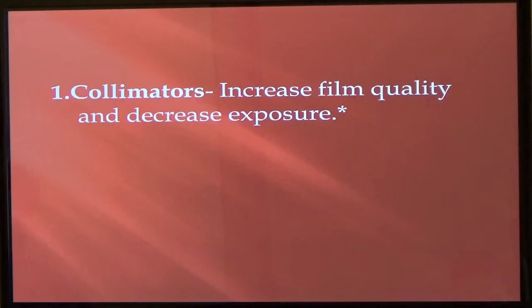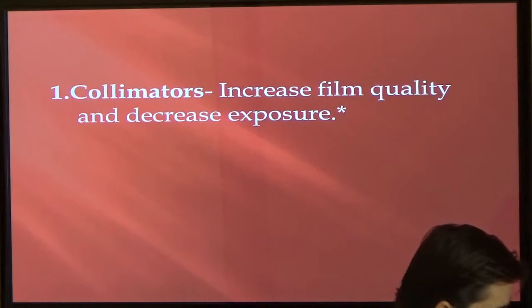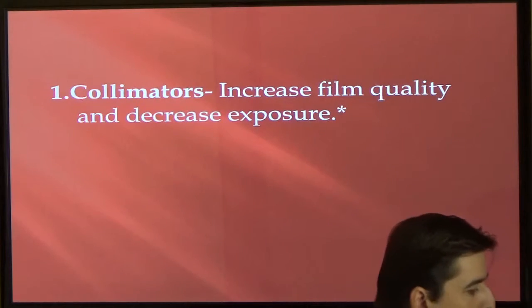A collimator basically increases the film quality and decreases the patient's exposure. Basically does the same thing. Think about it, if you've got X-rays going out to the side, the collimator basically focuses everything so that they go in straight lines, so that they're not going out sideways and going all over the place. So it basically narrows them. If you've got a tube, and that's the collimator, you've got X-rays that are going out this way and out this way, so that they don't go out and hit the patient up here in their eye or something.